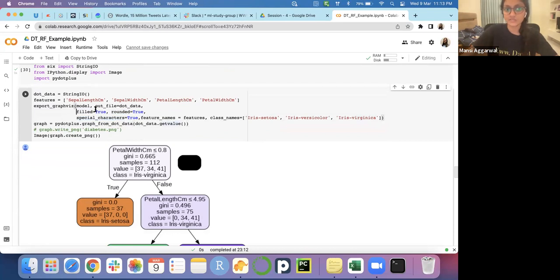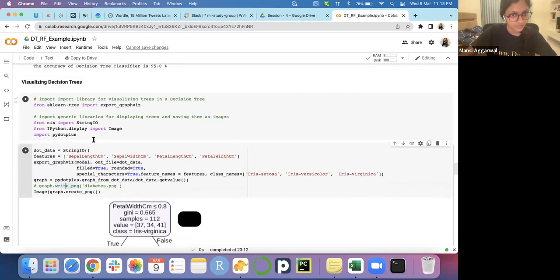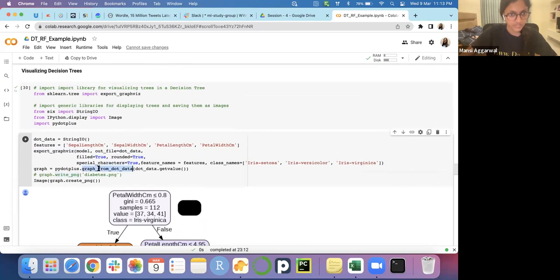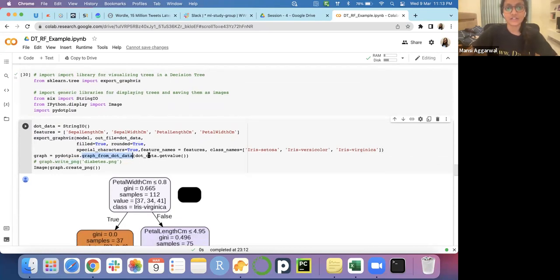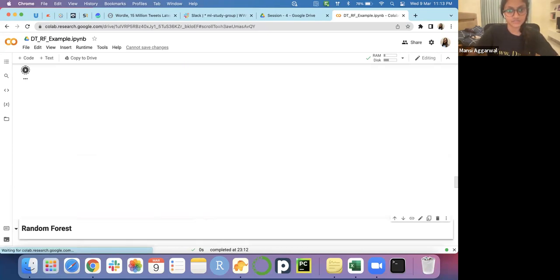So these are all display attributes and not very essential to our understanding. You can use it as it is, and later explore this function and check what happens when you change particular parameters. And then I'm saving the graph using pydotplus.graph_from_dot_data.